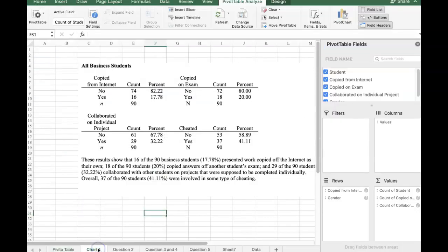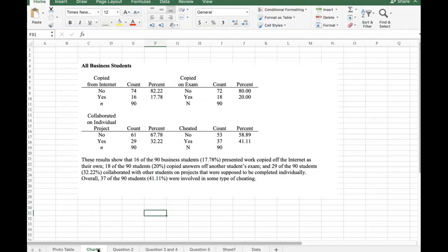And so my first chart is here. I grab this information, I say copied from the internet, no, yes, and then the count.